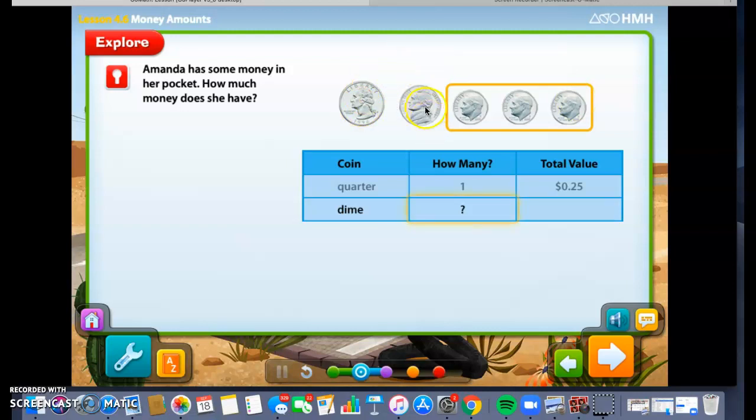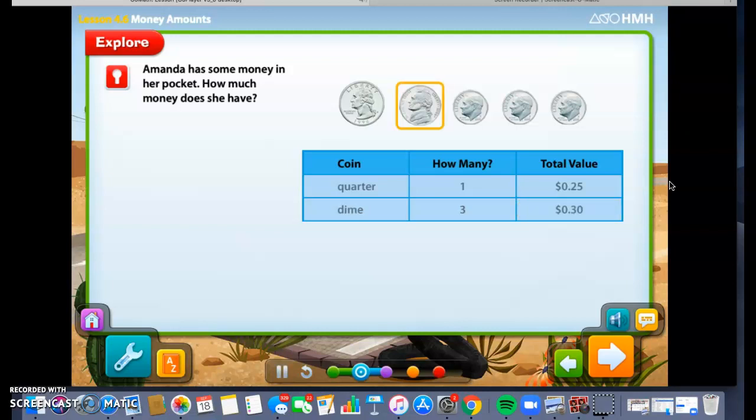The nickel's only worth 5 cents, but the dime is worth 10 cents. So how many dimes do we have? She has 3 dimes. Since each dime is worth 10 cents, you can multiply 3 times 10 to find their worth, which is 30. So, Amanda has 30 cents in dimes.